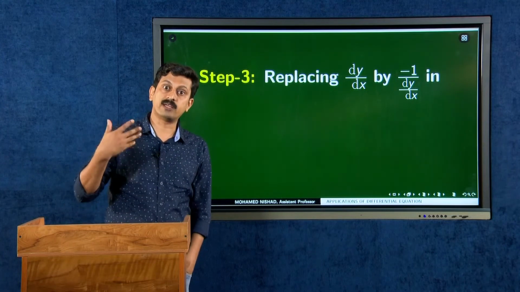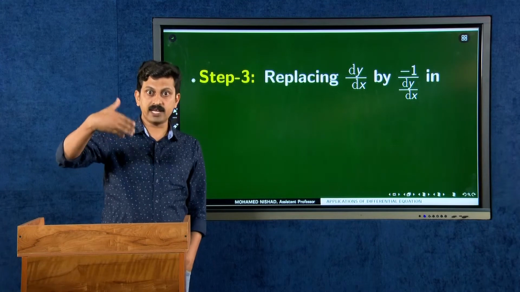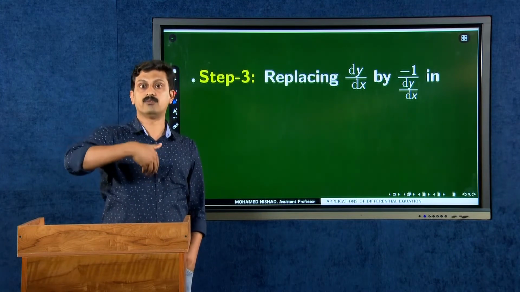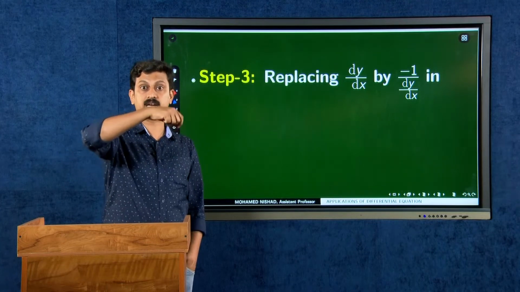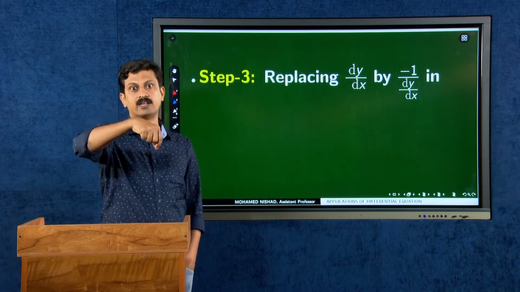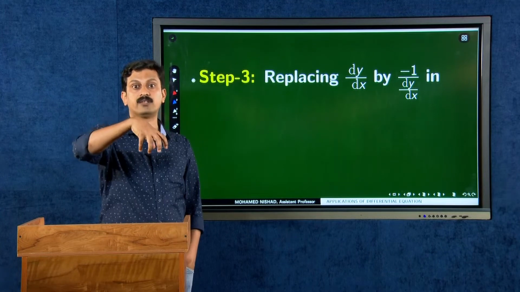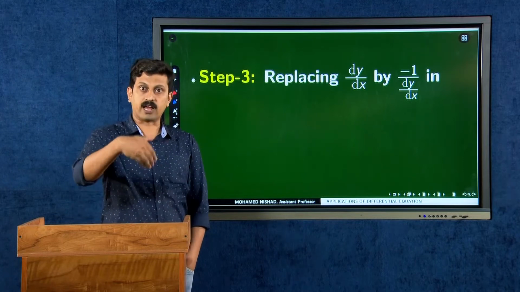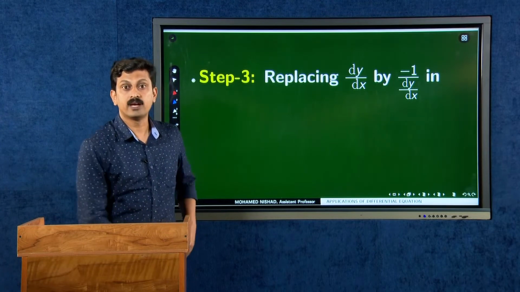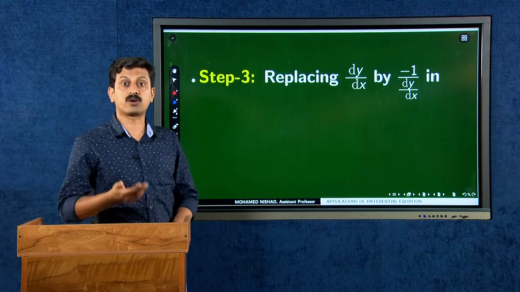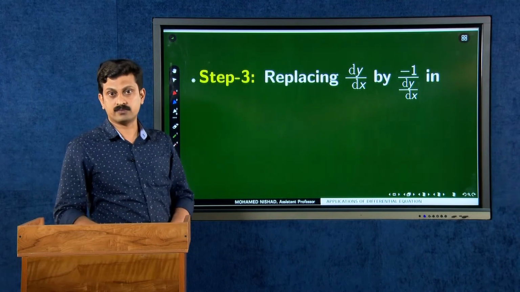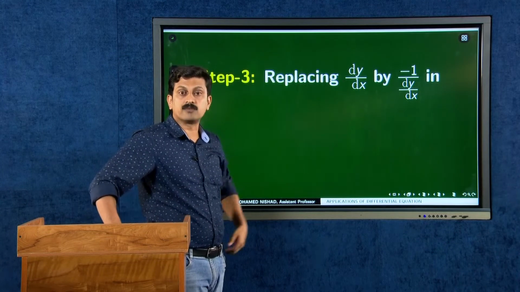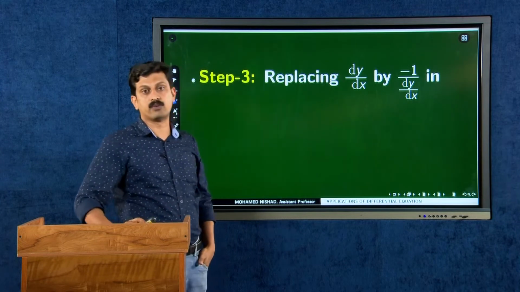So, dy by dx represents the derivative, and corresponding to each and every point we can find the derivative, the slope of the tangent line. So, actually we have to replace the slope by the negative of the reciprocal of the slope, that is minus 1 by dy by dx.